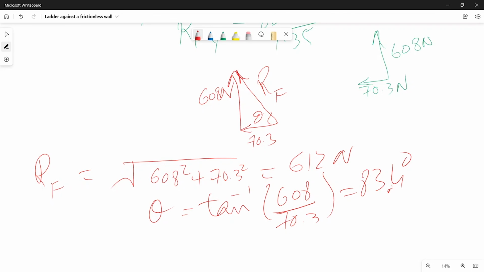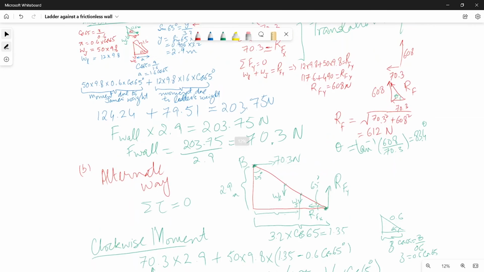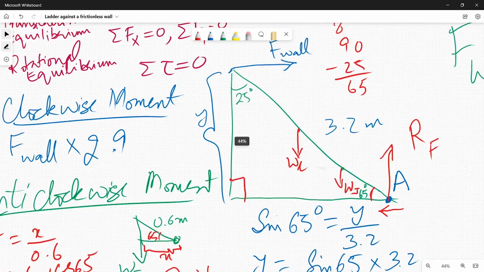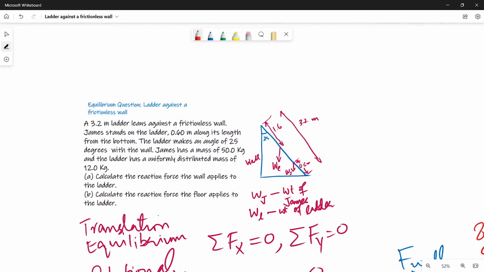So what we have done today, we have done an interesting question, which was related to a ladder leaning against a frictionless wall. The main point was to understand the difference between a frictionless wall and a floor. And then we solved this question in two ways.